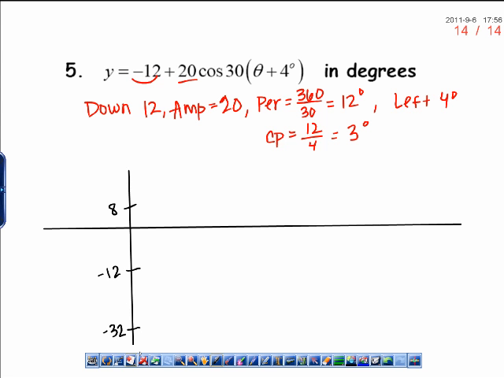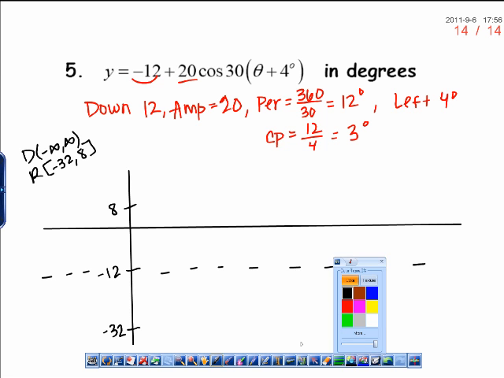So I already know what my range is going to be, negative 32 to 8. If you want to go ahead and write domain and range at the very beginning, that's fine. You don't have to graph it to even figure that part out. Okay, sinusoidal axis right here at negative 12, just there to help you know where your midpoints should be.